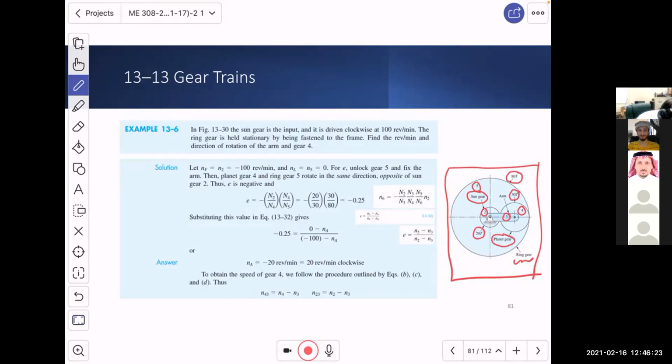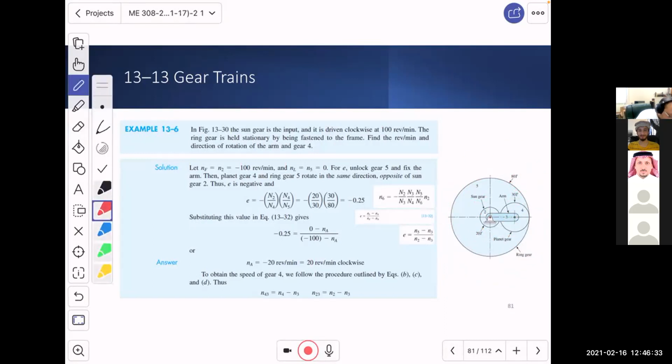Now, what does this question ask about? It says the sun gear is the input. So the input is coming from the sun gear, and the sun gear rotates clockwise like this, with an RPM of 100 revolutions per minute.